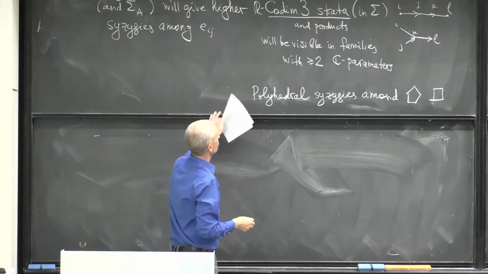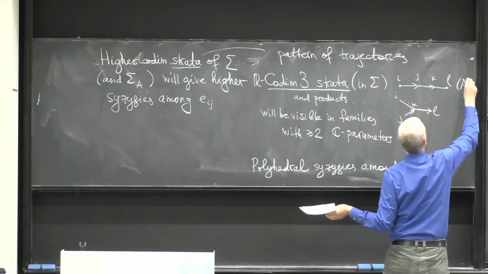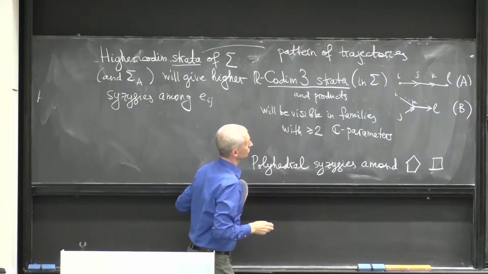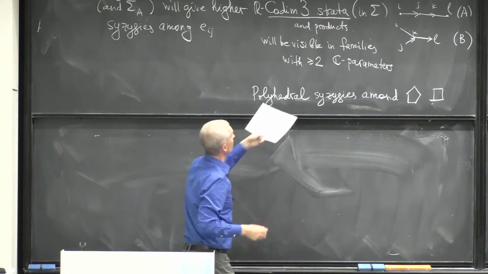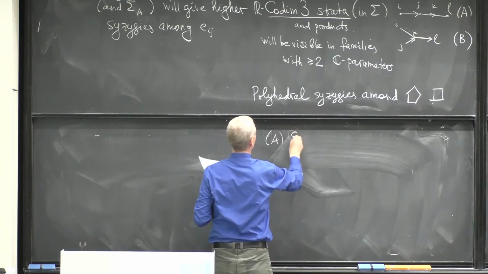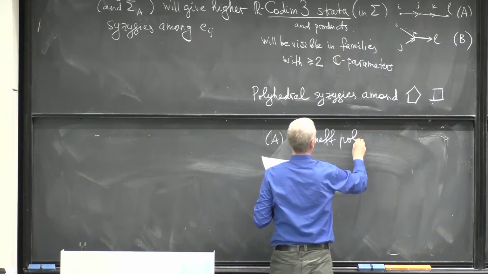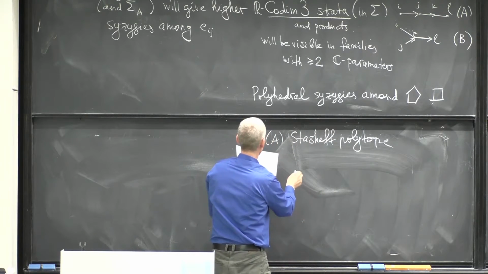In particular, if I call this A and this B, the stratum corresponding to A is the Stasheff polytope.